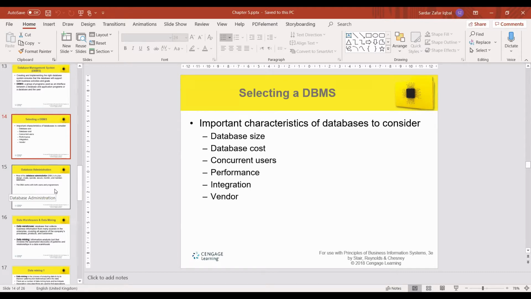Why we use this? To manage the database. Yes, so what do you mean by manage the database? Can you explain the word manage? Manage, you are right. But what is management of the database?